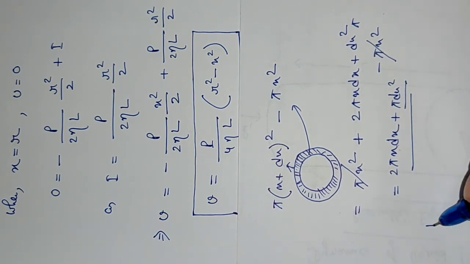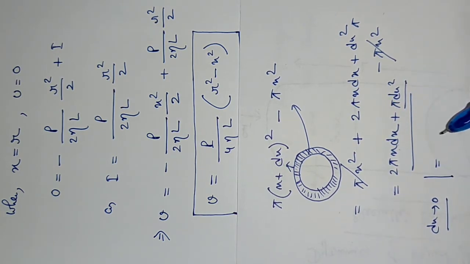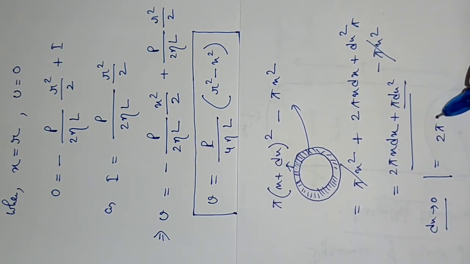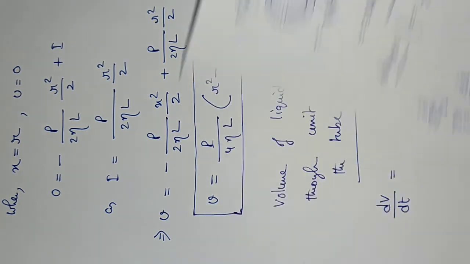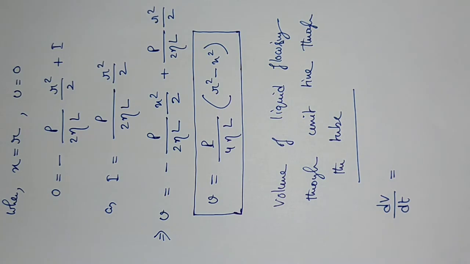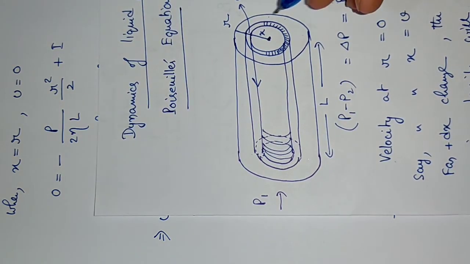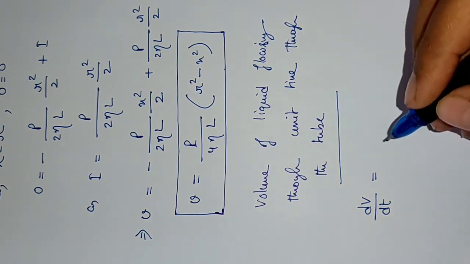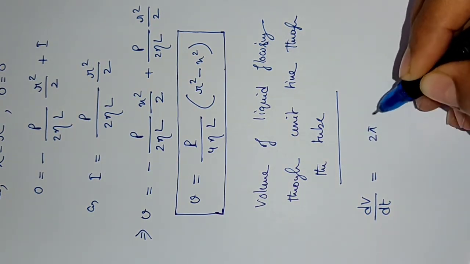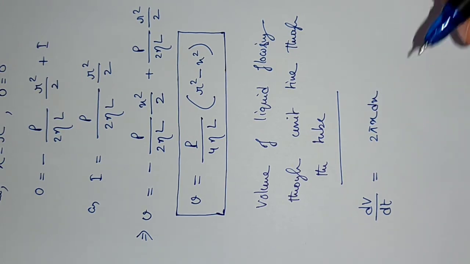So at this position only, when dx tends to 0, we will have the area of the concentric circle to be 2 pi x dx. So this dx must be very small. Then only we can express the area as 2 pi x dx. This will be the area of the concentric circle.